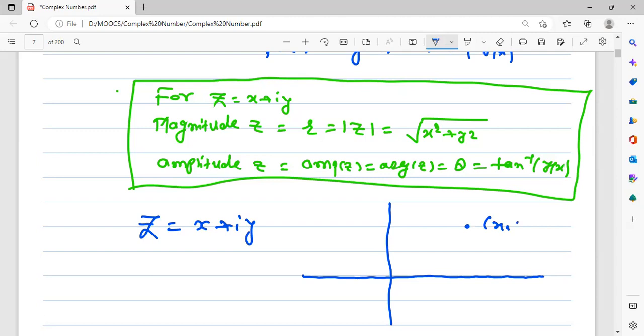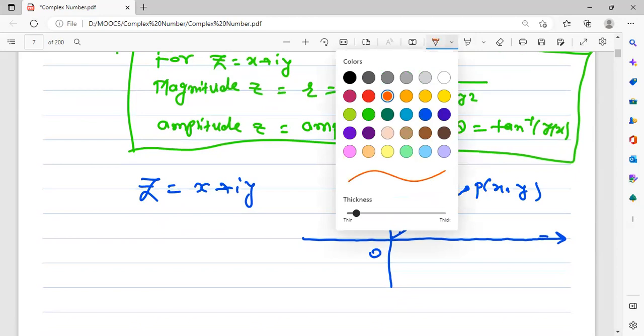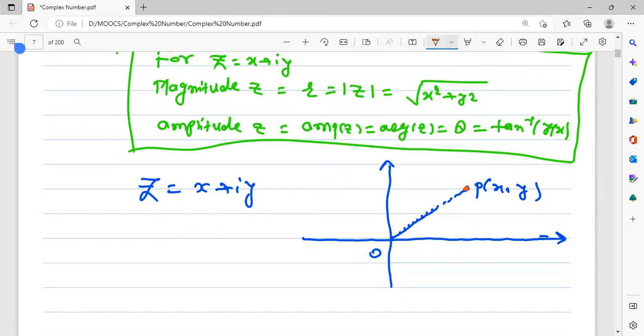It can be any x and y. So, the origin O. And we know, by using the distance formula, that this point P has coordinates x, y, and this is OP.